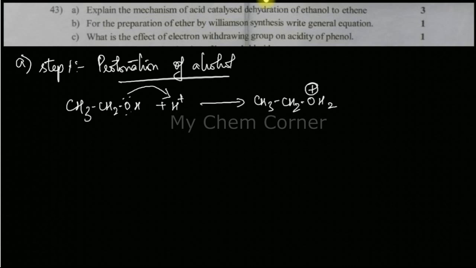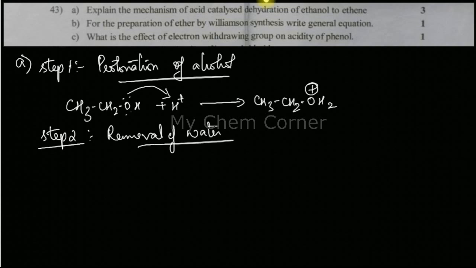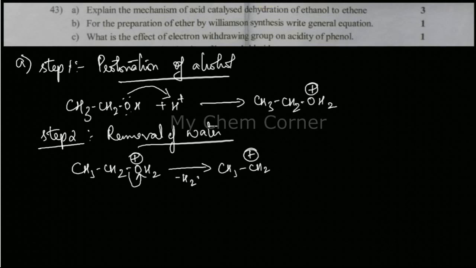with a positive charge. Then after that, the step 2 is going to be removal of water molecule. So here you take that same compound and you are going to remove that water molecule, therefore forming a carbocation.